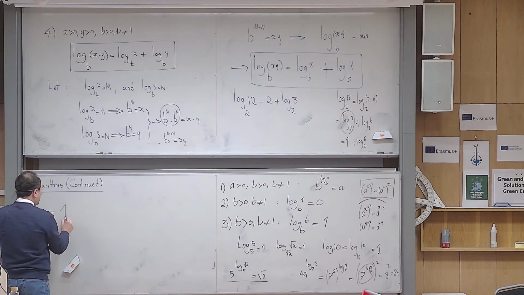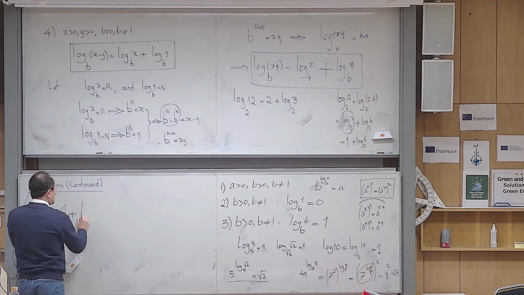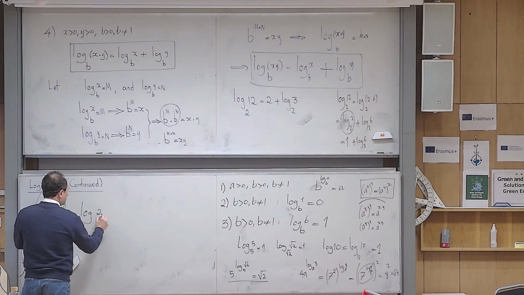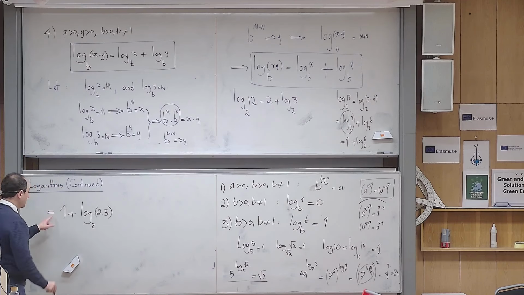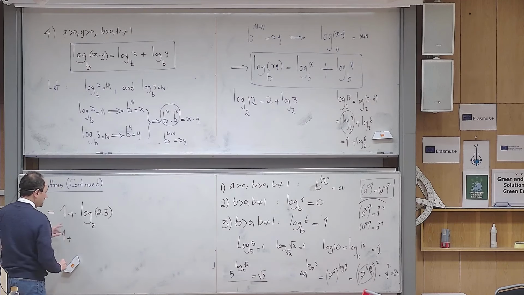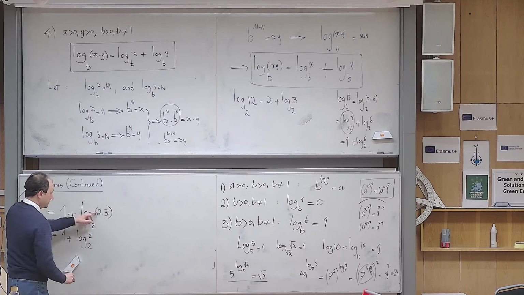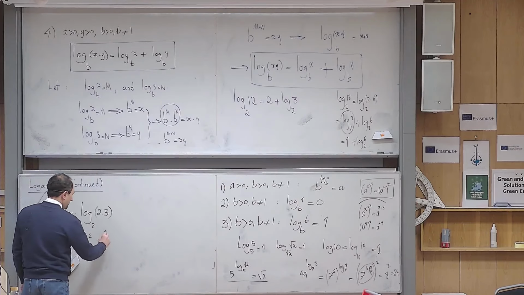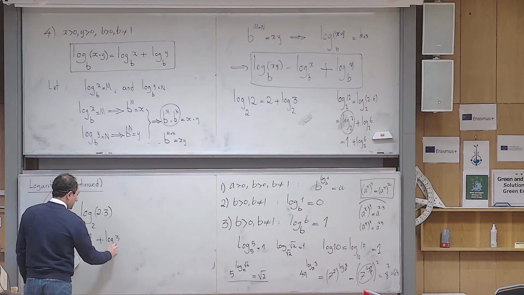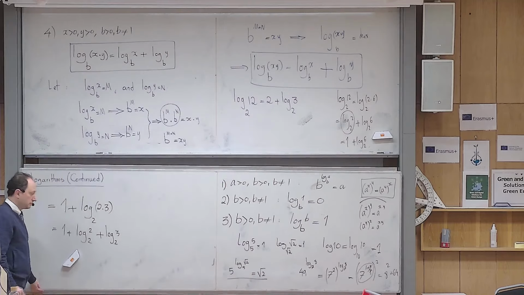I will write 1 here, plus. Instead of 6, I write what? 2 times 3 to the base 2. And I write this as 1 plus logarithm of 2 to the base 2 plus, again, logarithm of 3 to the base 2. Yes?